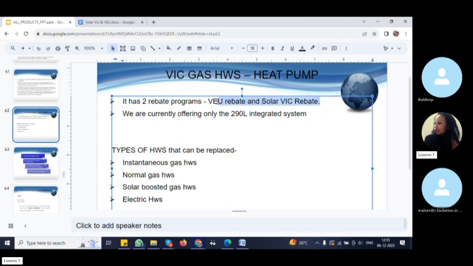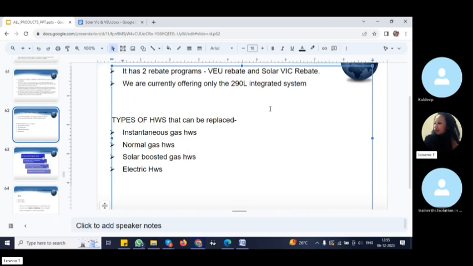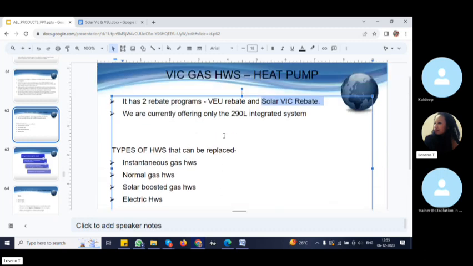The difference between these two is that if the customer is qualified for Solar VIC, the amount that they need to pay would be lesser compared to someone who qualifies for VEU. That's the only difference. Now, for someone to qualify under this rebate, there are a few qualifying questions that we need to ask, which we had been discussing over and over again in the last couple of hours.